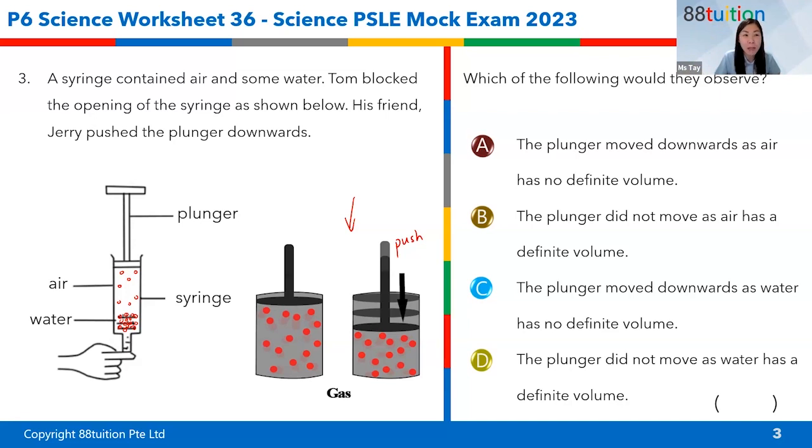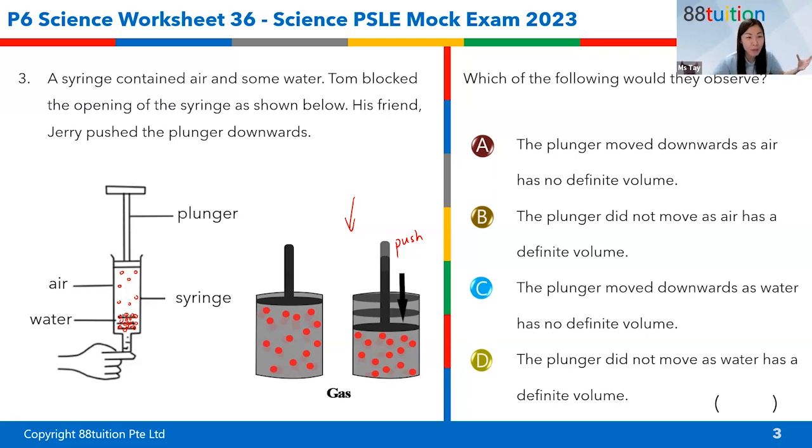If I put you in a bigger classroom, will you spread out? Spread out more, right? But if let's say I put your whole class in a classroom that is half the size, do y'all have to spread out as much as you can? Y'all won't be stuck to each other like shoulder to shoulder, right? You're not going to do that, right? So you are behaving like gas particles.